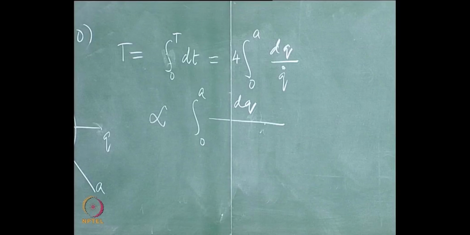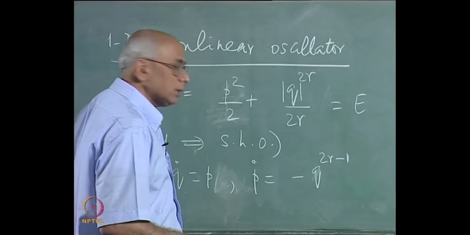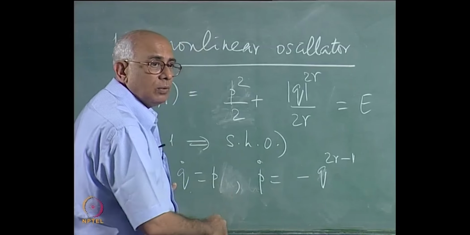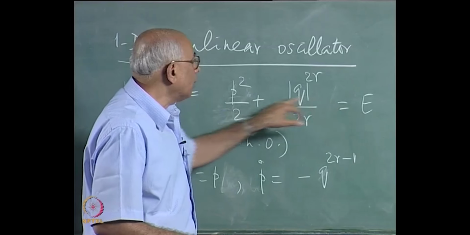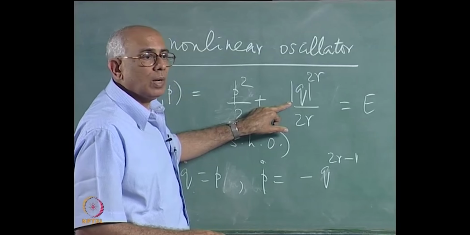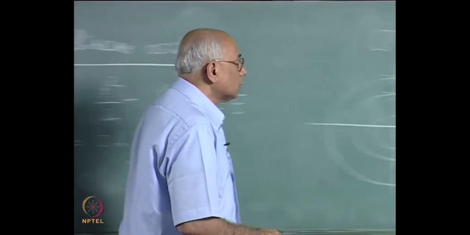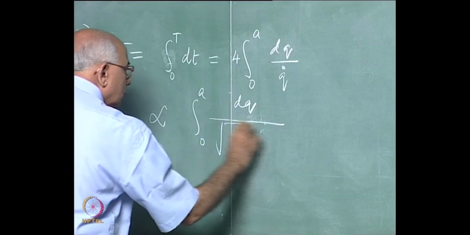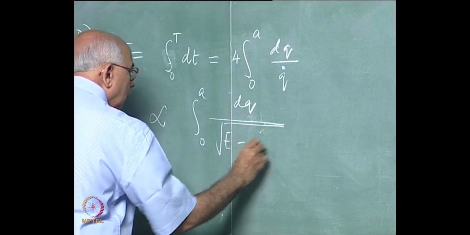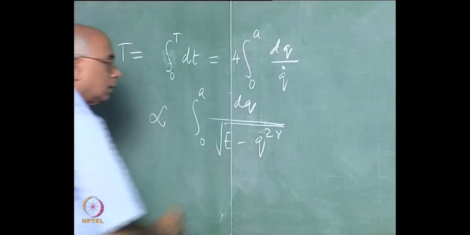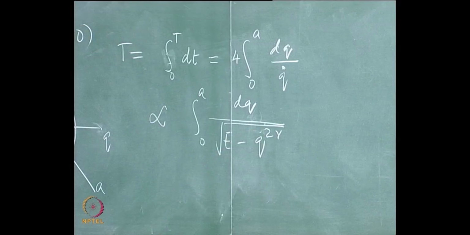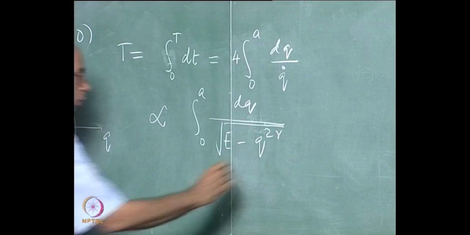q dot, but q dot squared, p squared by the way is just the same as q dot squared, since I have set the mass equal to 1, is E minus q to the power 2r. So this is the square root of E minus q to the power 2r, apart from numerical constants 2r over 2r.